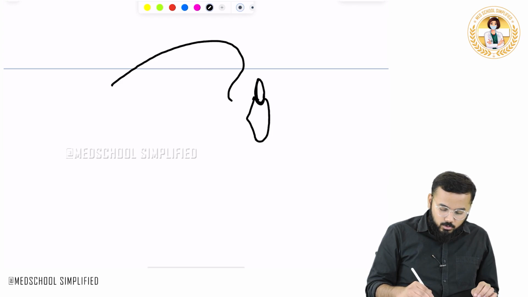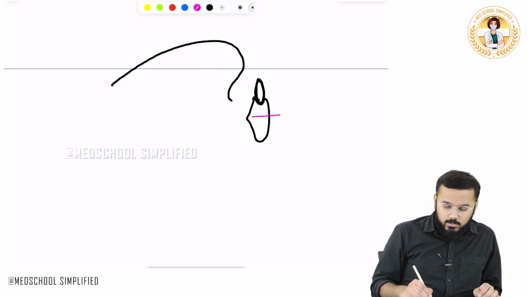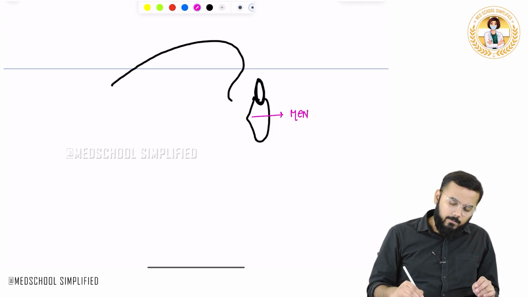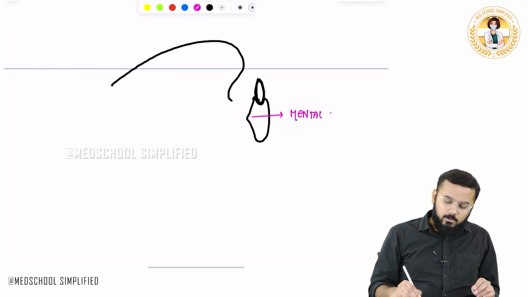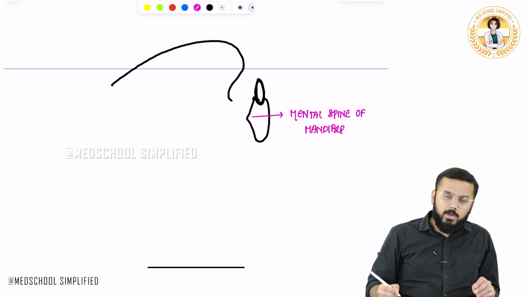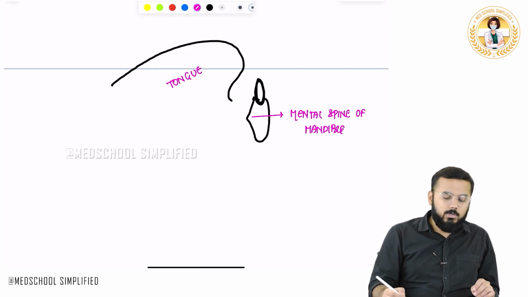So this is the tooth over here, clear? And this particular part is called the mental spine, or spine of the mandible. And this particular thing over here is your tongue.